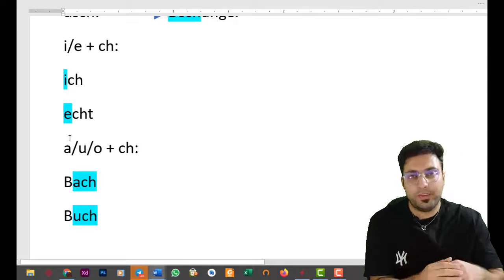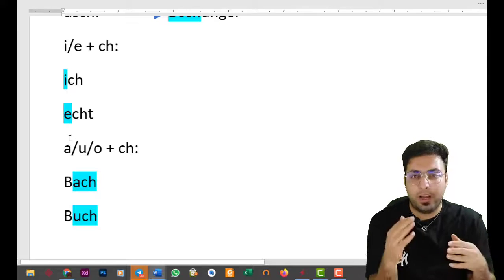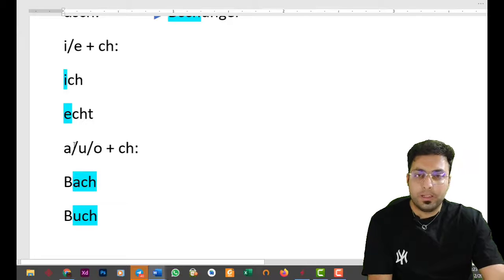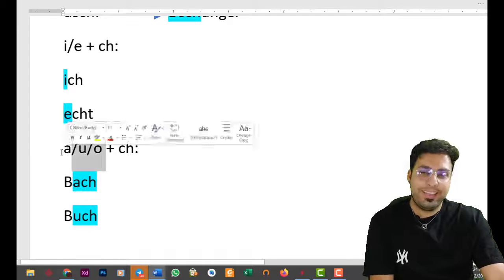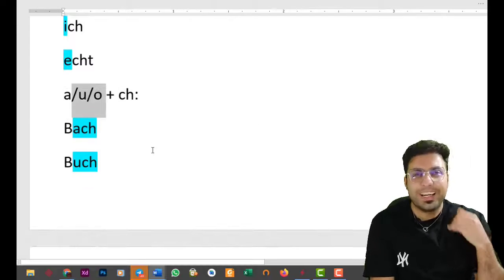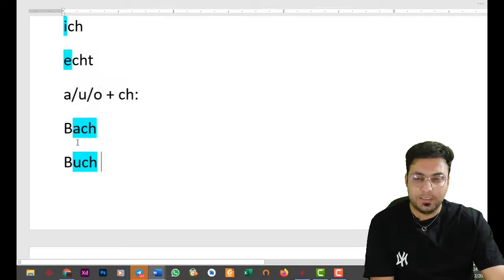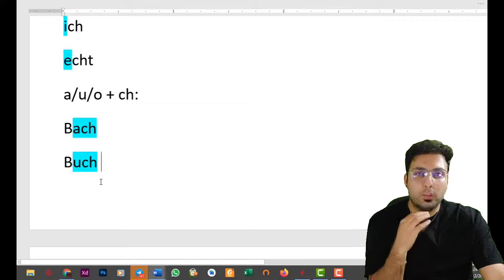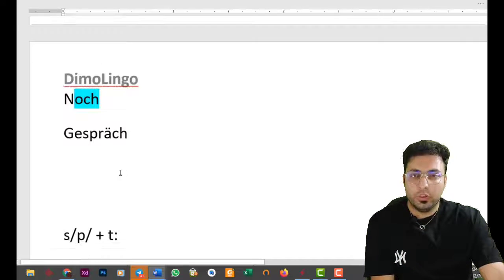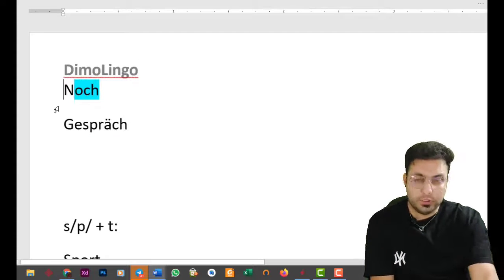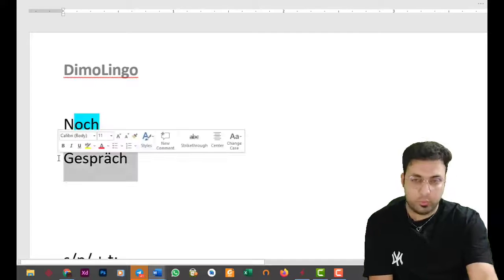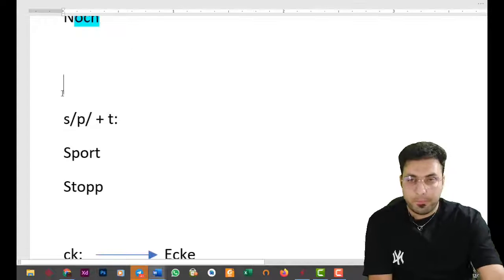But if the rest of them, A, U, and O, come before CH, they will sound like here: Bach, Buch, noch. We don't like this one, it's not important.